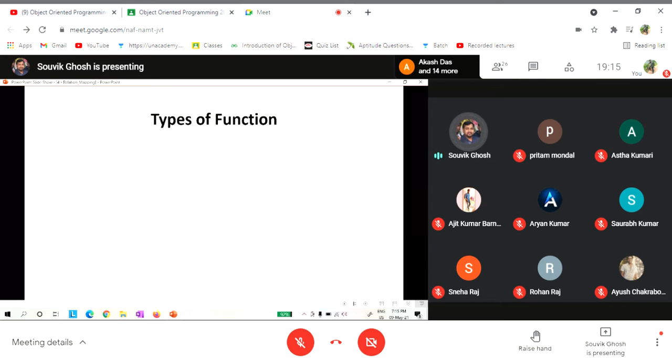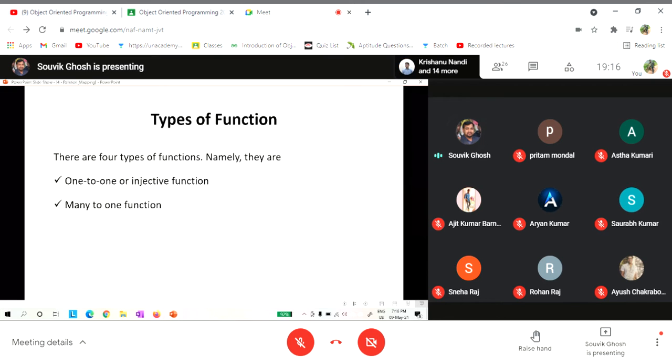Now, depending on different properties, we have different types of function. We are given these names depending on the nature of the function. So there are four types of function. Number one is one-to-one or injective. Number two is many-to-one. Number three, onto or surjective function.